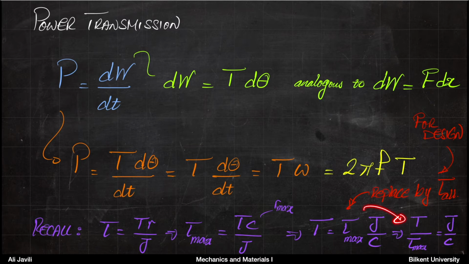If you reorder this relation again, then you have also a simpler form. It's T divided by tau max equals J divided by C.